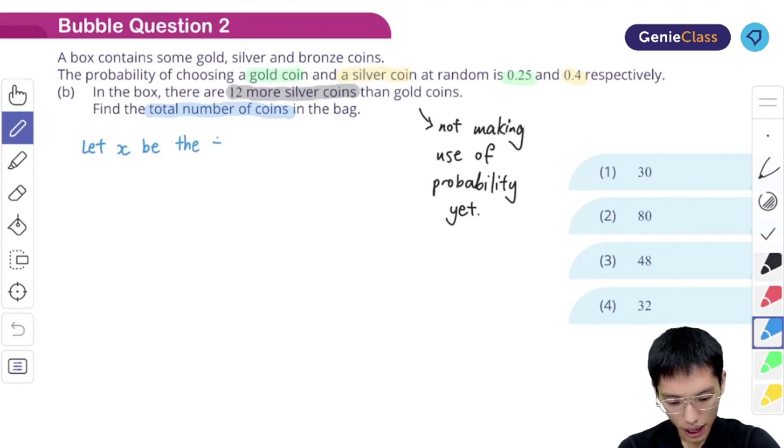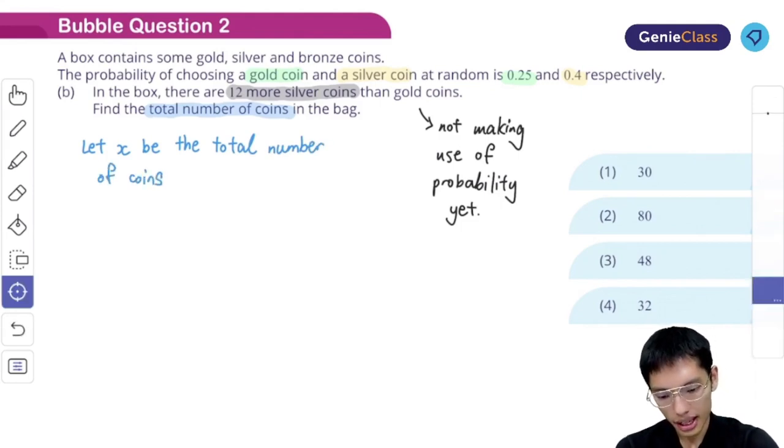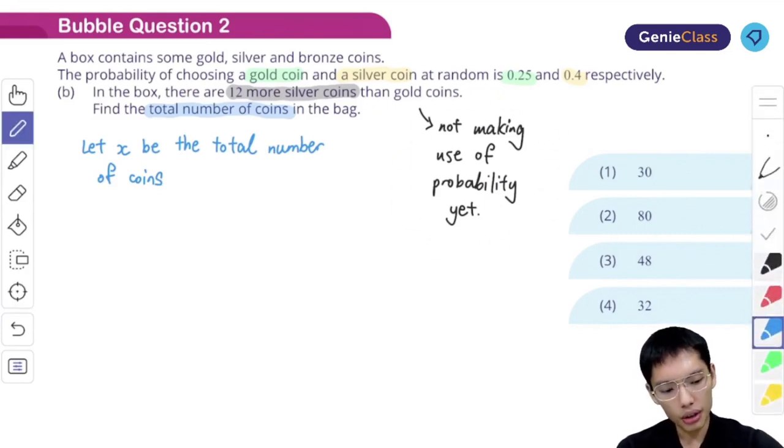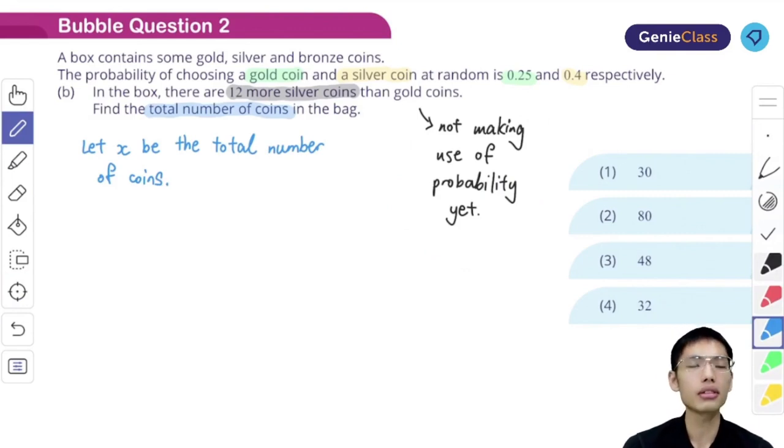So from here, if I say let x be the total number of coins, is there any way right now I can translate this sentence to a probability sentence? I'll give you 1 minute to think about it before I write it down. How can I translate this to a probability sentence? Anybody wants to try? Most of you got it right.